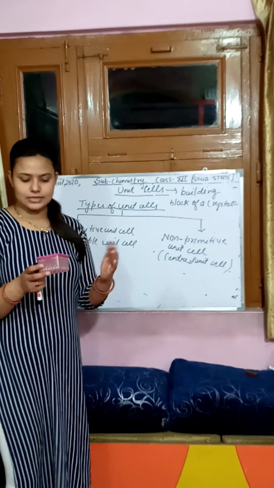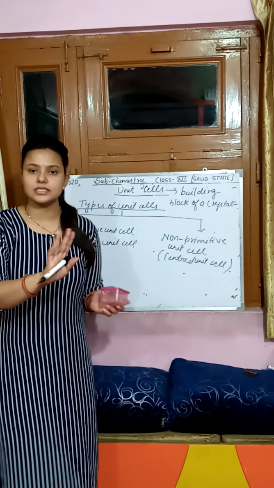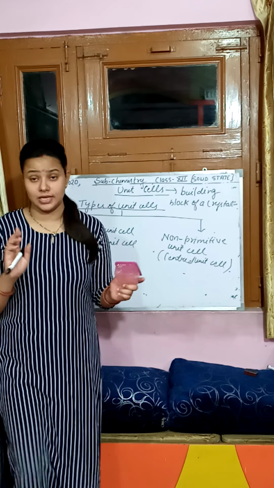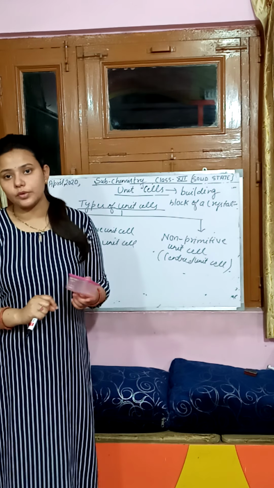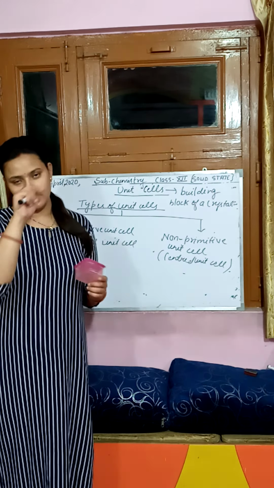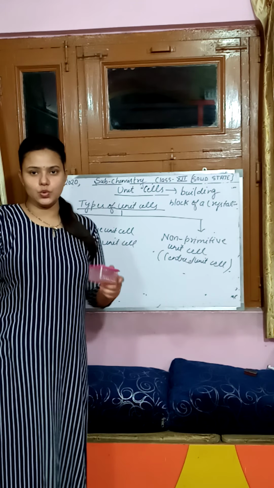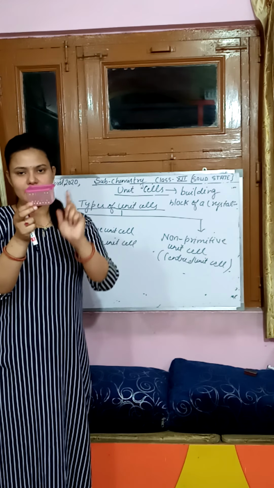Okay. Let us simplify it. Just consider the room in which you are sitting. Just count the corners of the room. 8 corners in a room are there. 1, 2, 3, 4, 5, 6, 7, 8.